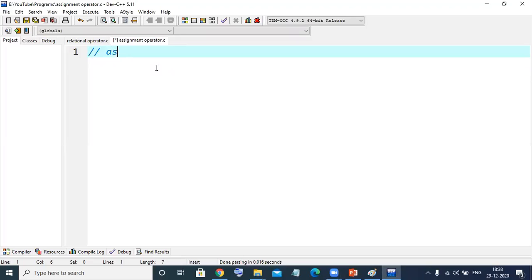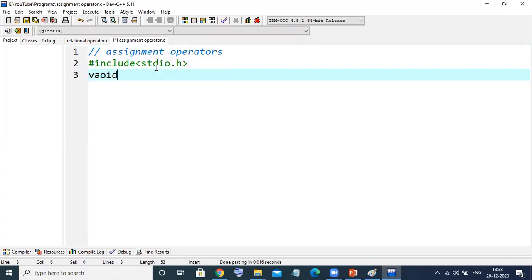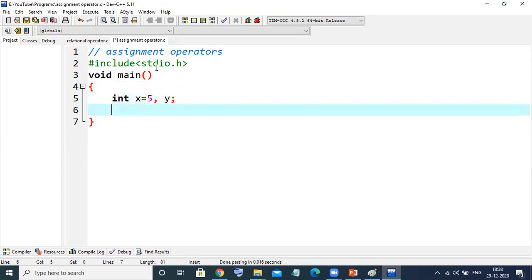Program for assignment operators. For that, we'll include the header file, then void main is the method, and let us declare some variables. For example, x equals 5, and y another variable.